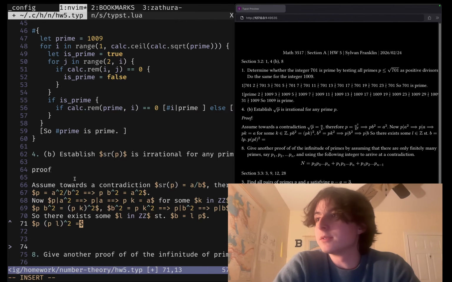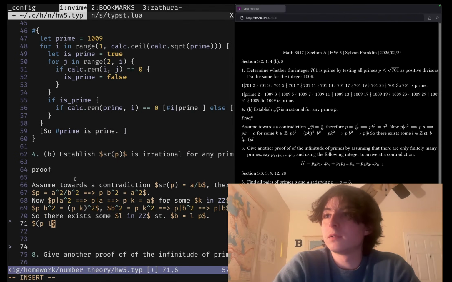Well, I guess we already simplified a little bit before, but pl squared equals pk squared.